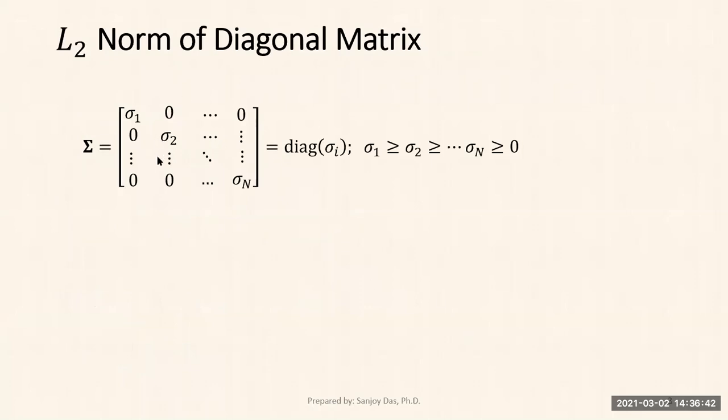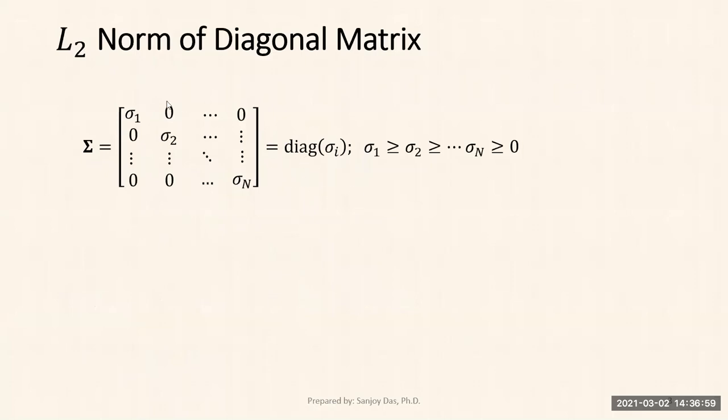Okay. Now, let's consider the L2 norm of a diagonal matrix. So this is a diagonal matrix, sigma, and these are the diagonal elements, lowercase sigma 1, sigma 2, until sigma n, and this is a concise way of representing that: equals diag of sigma i.